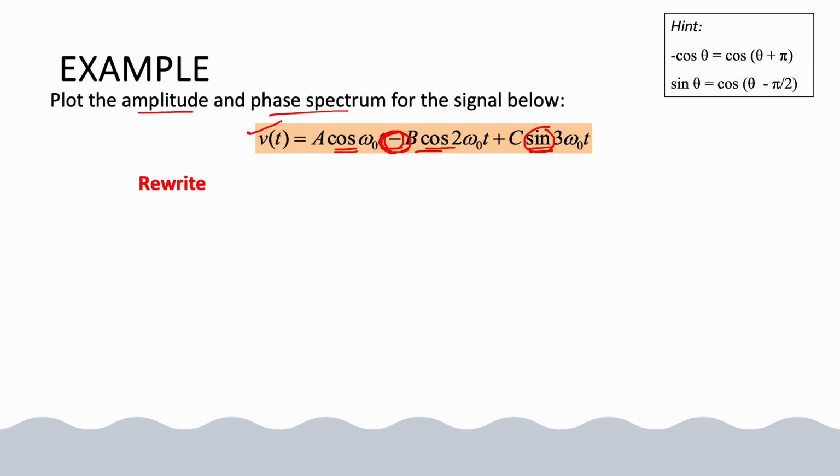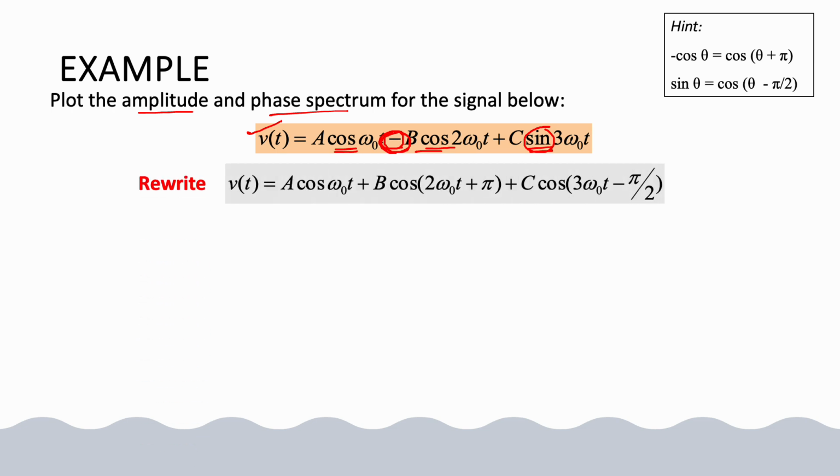We need to make sure that all of the equation is uniform in a cosine form. So we need to rewrite the equation, and we need to use this hint in order to rewrite it. For the negative cos theta, based on this hint, to make it positive, we need to have a phase change here.